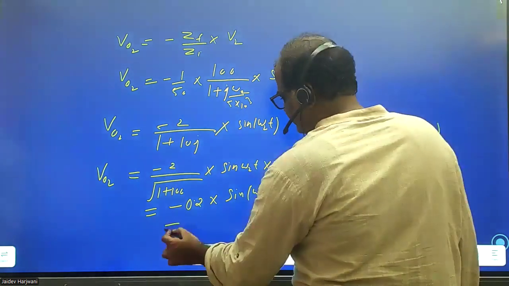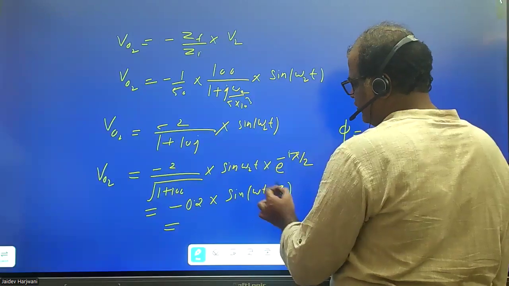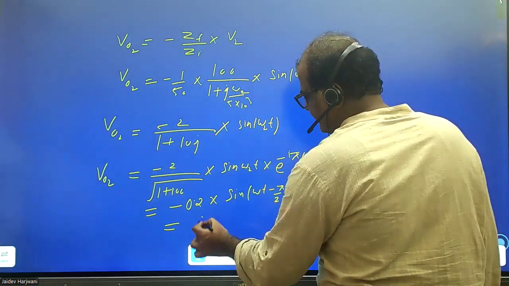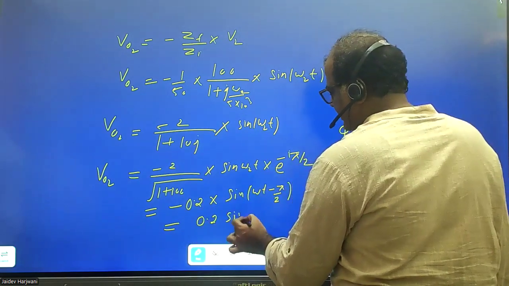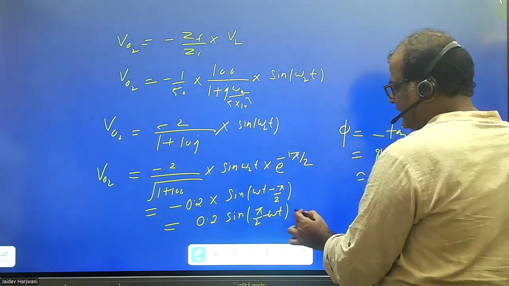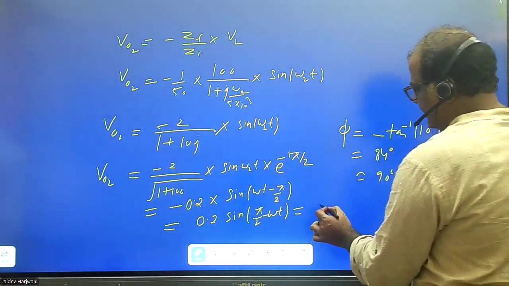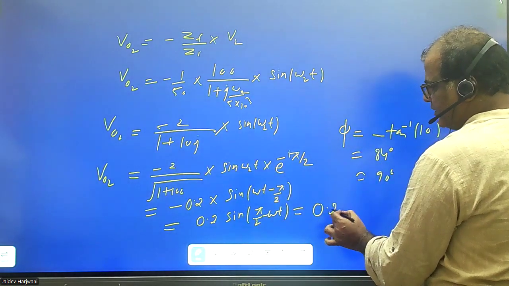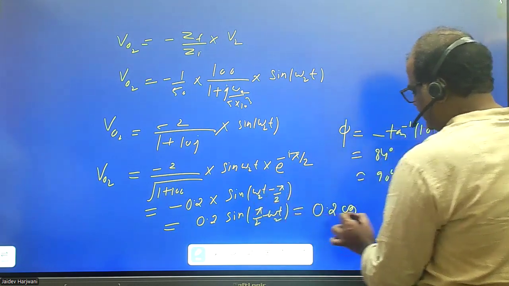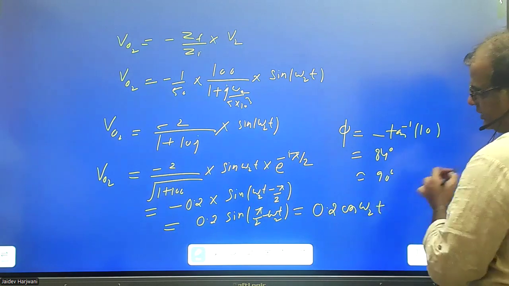And if I solve this one further, this is sin ωt, I can take minus common, so it will be plus 0.2 sin(π/2 minus ωt), and π/2 minus ωt is cos ωt, so this becomes 0.2 cos ω2t.